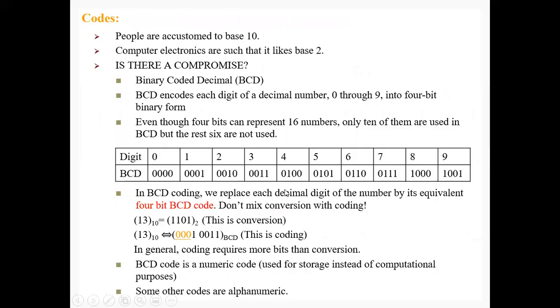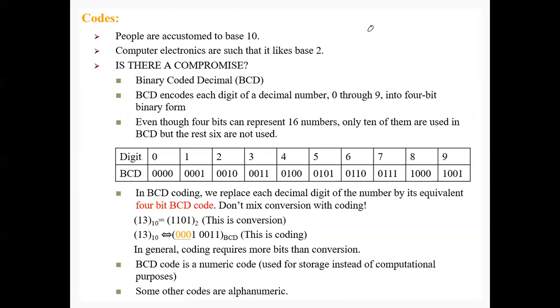All right, so let's talk about coding now. When I say coding, it is not a real computer language. When I say coding, it is the binary coded decimal system. So let me try to summarize what we did so far.